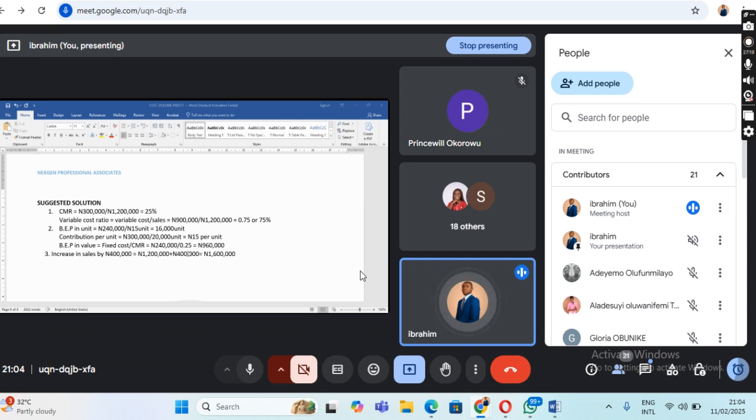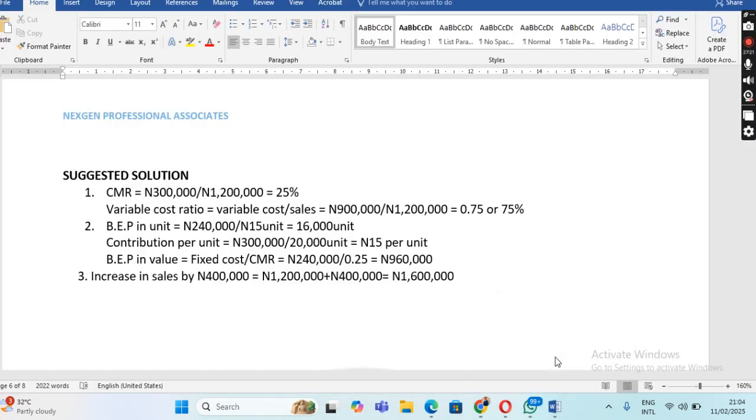Then we will look at what the value of our variable cost will be. Don't forget, since your sales has increased by 400,000, your variable cost will not remain the same, it will also increase. Now, don't forget that we already calculated CMR.